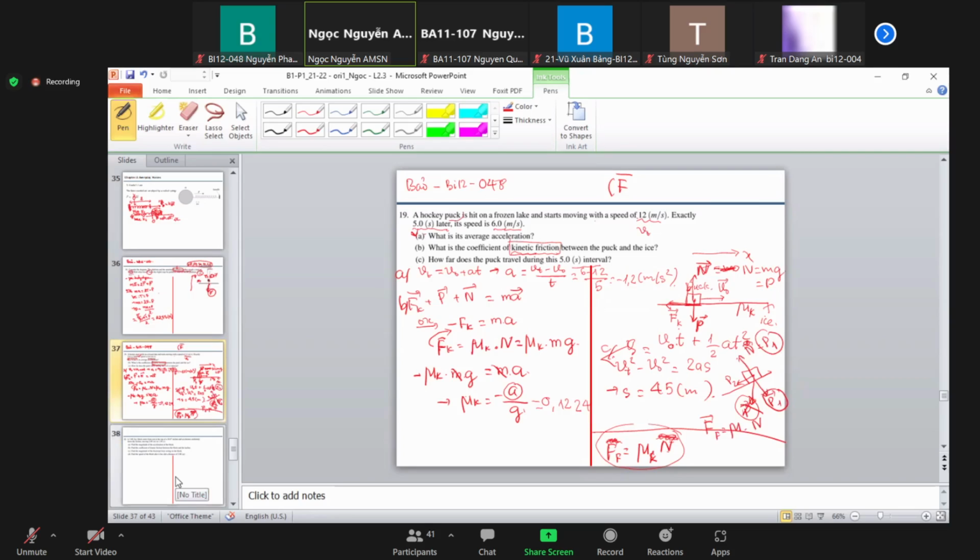You understand it? Keep in mind here is N, and the way we determine N will be different when the object is on a flat surface or on an incline.